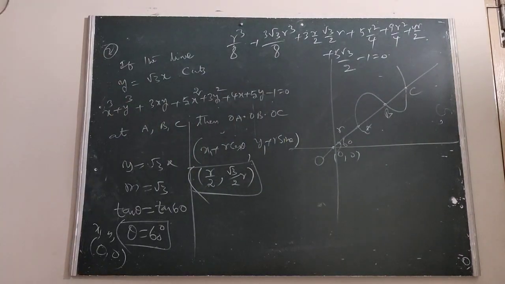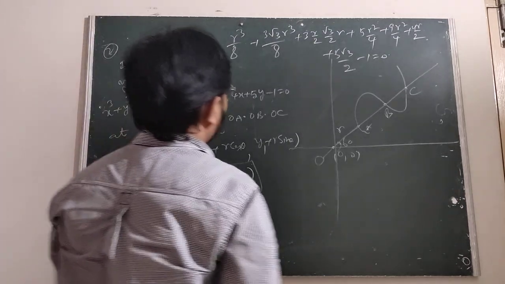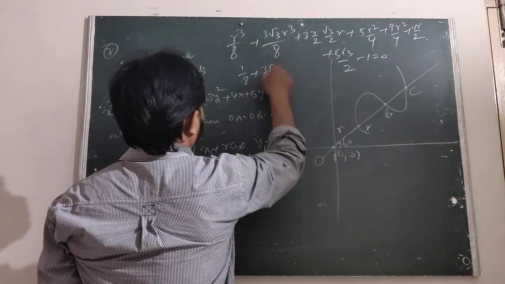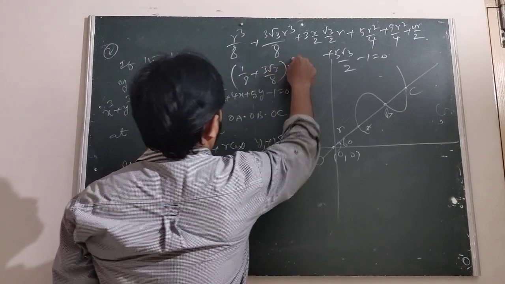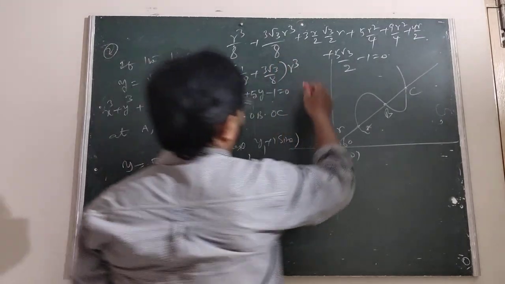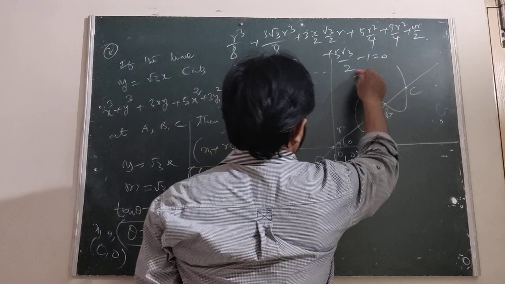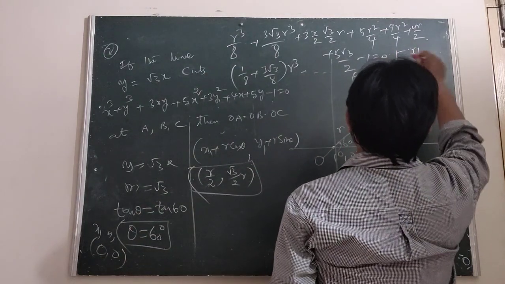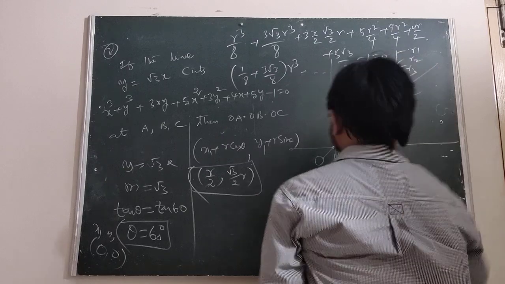Now we are looking here. Here we know that 1 by 8, 3 root 3 by 8 into r cube, and so on. The final one is minus 1 equal to 0, having the roots r1, r2, r3.